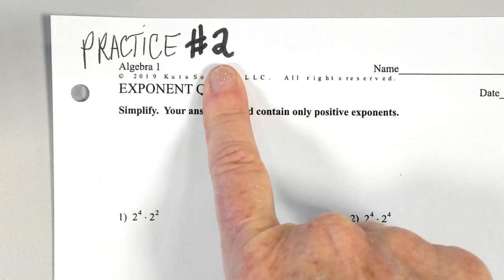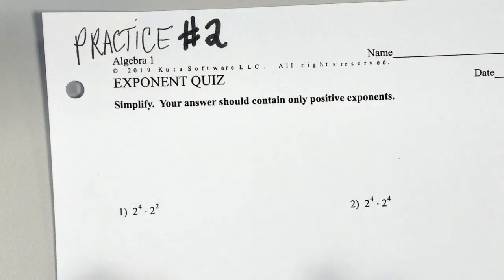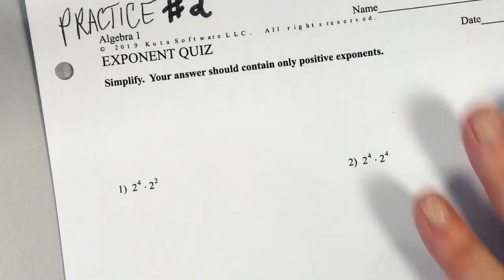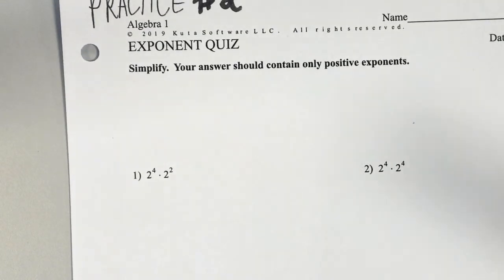So I'm going to stop the video right here, and I'm going to make another video. For practice number 2, the problems look just like practice number 1. Same number of problems, same number of everything. So go ahead, and if you need more practice, come and see me and take practice number 2, and then start the next video.